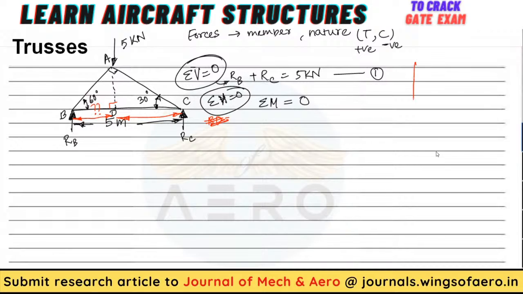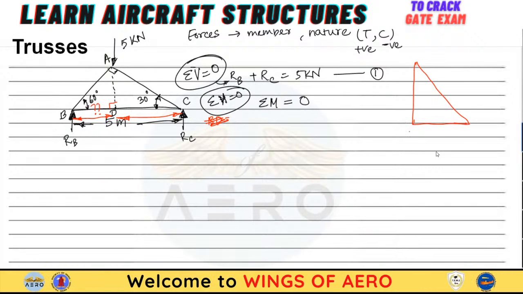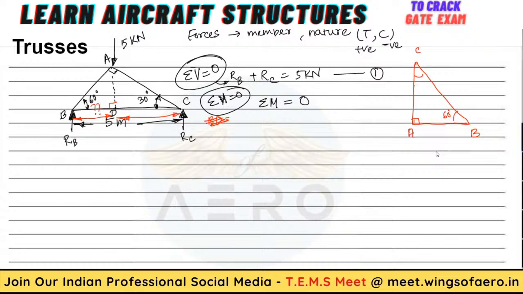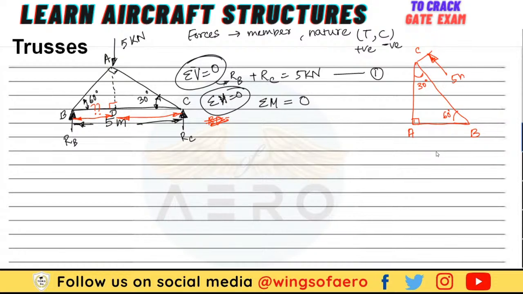Now if I shift this figure into something like this, right? Now this is B. This is the A point, which is this way. This is the B point, which is 60, and this is the C point, which is 30. Can I shift this figure? Right? I know the hypotenuse value, that is 5 meter.